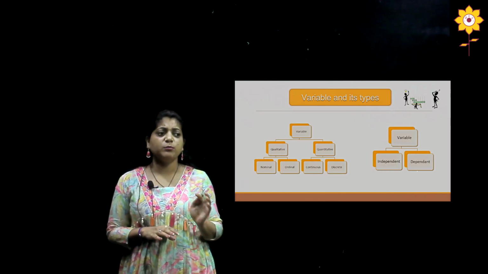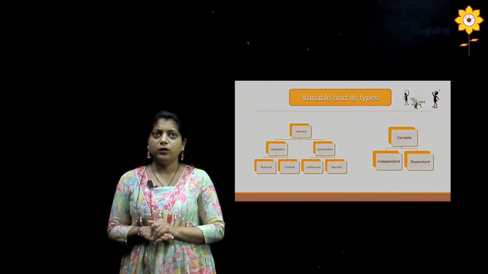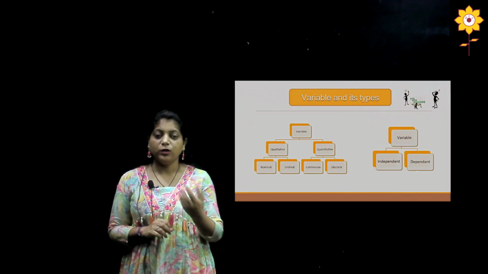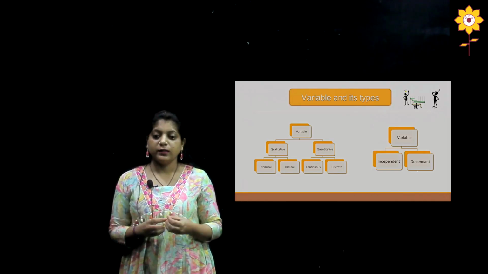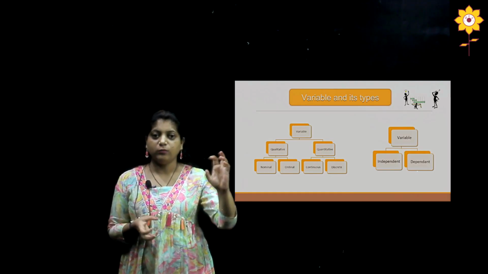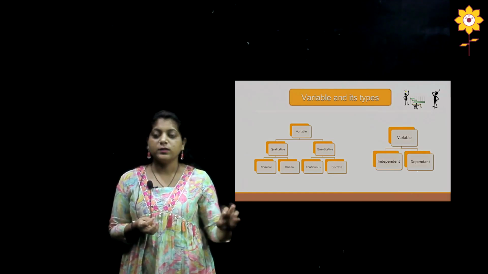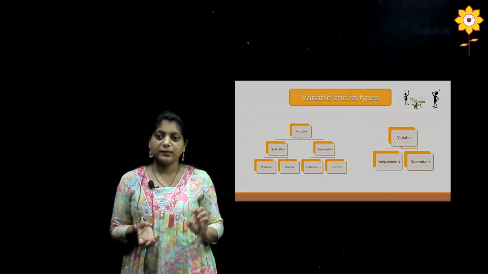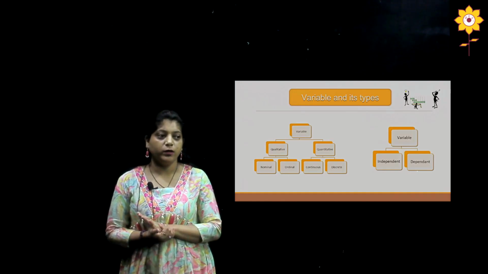Another example for ordinal is when you go for a movie ticket, we say I want to book the platinum, I want to book the golden seat or the silver. So that has some meaning, so that comes under the ordinal.